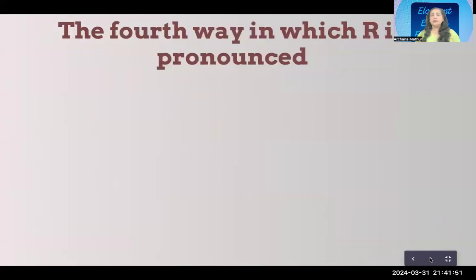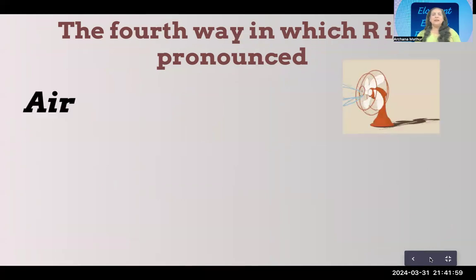The fourth way. Now, this is a little difficult, but let's take a sneak peek into this also. Here, this is a very common word, air. But how do we pronounce it the British way? Air. You make the sound air and drop it down.